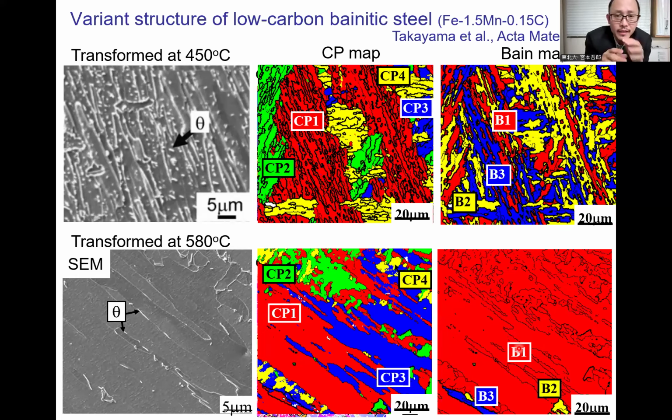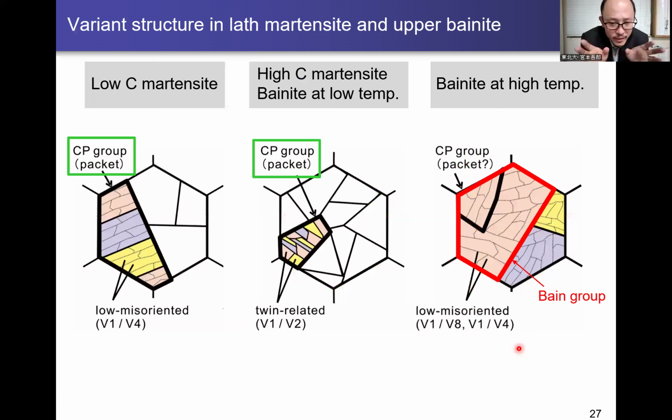So according to this kind of analysis, we can identify 3 different types of variant structure for lath martensite and upper bainite. For the first type, this is the low carbon martensite. The CP variant is dominant, and low misoriented variant pair is favorably coupled.